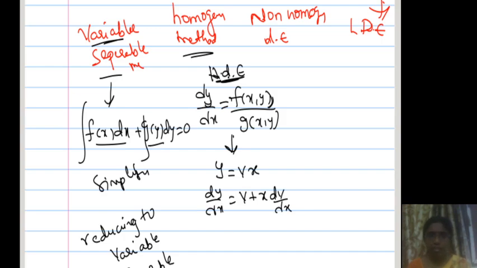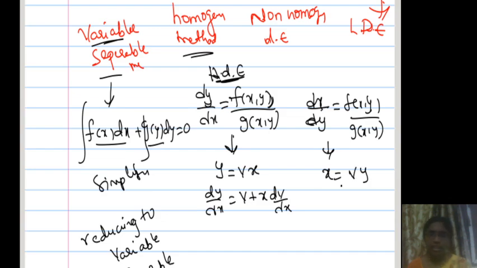Otherwise, if the homogeneous differential equation is in the form of dx by dy, then instead of y by x, you have to substitute x is equal to vy. Then differentiating, dx by dy is equal to v plus y into dv by dy.